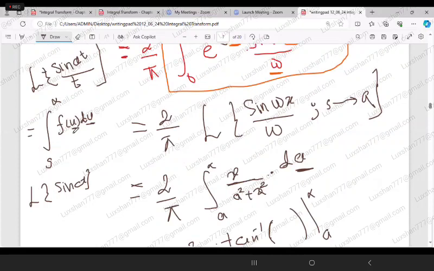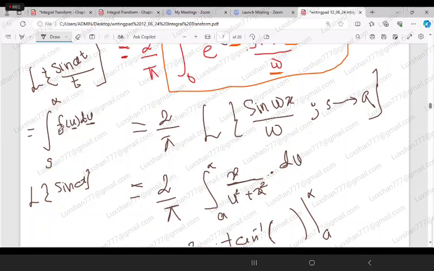Okay, now if you want, actually, you can change a by u. If you get a confusion, you can change a by u. Okay, so you can say u squared plus x squared du, because we are getting the answer in s, our a.